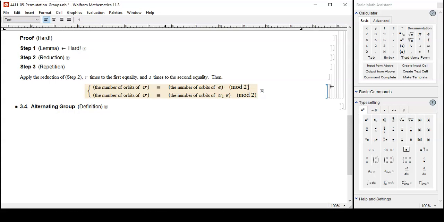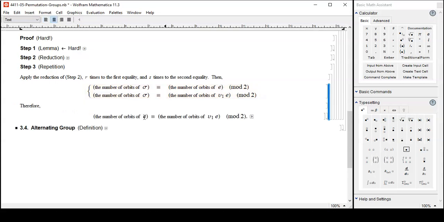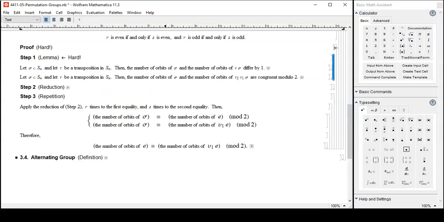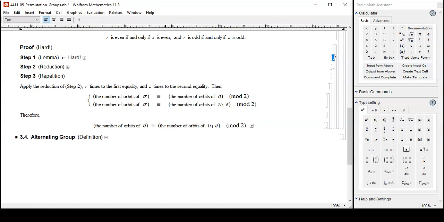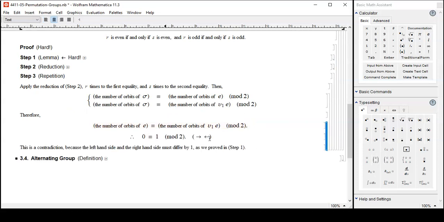But then again, number of orbits of E versus number of orbits of some transposition times E, well, they must differ by 1. Remember? Any permutation times any transposition differ by 1. So we have to have either 0 is congruent to 1 or 1 is congruent to 0. Either way, they must differ by 1.